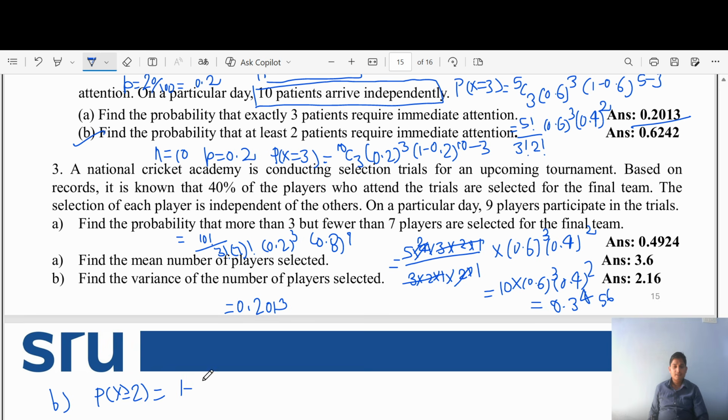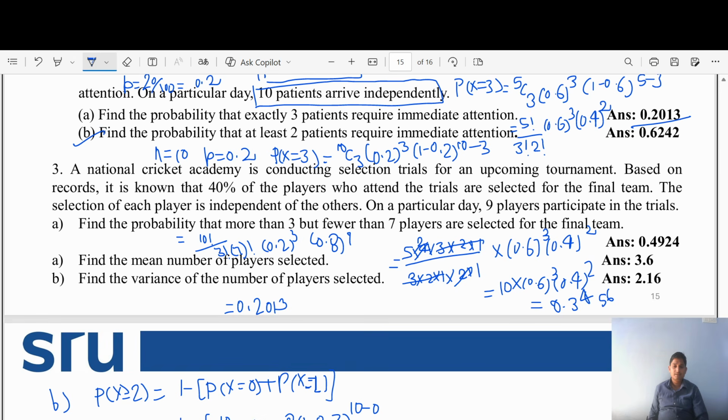So at least means P(X=0) plus P(X=1) plus so on. So 1 minus P(X=0) means n is 10, 10C0, p is 0.2 to the power 0, (1 minus 0.2) to the power 10 minus 0.